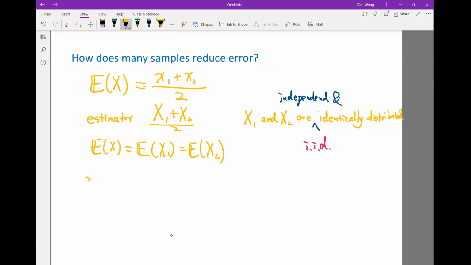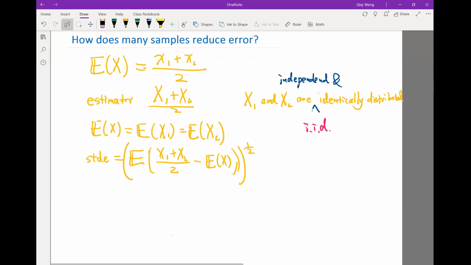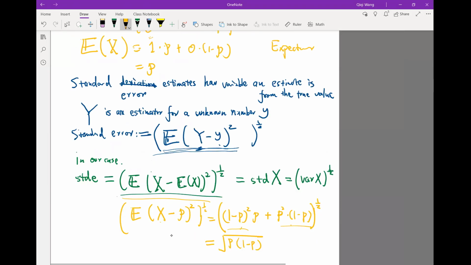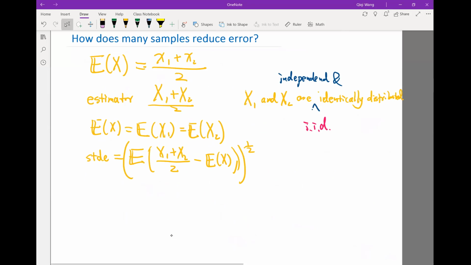Now, our standard error is equal to the square root of the expectation of half of x1 plus x2, that's our estimator, minus the expectation of x, squared. Now let's figure out how this standard error relates to the standard error we calculated previously, which is the standard deviation of x.